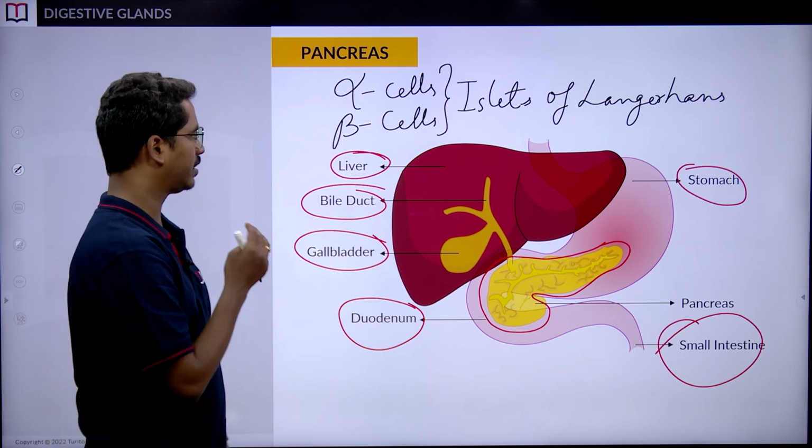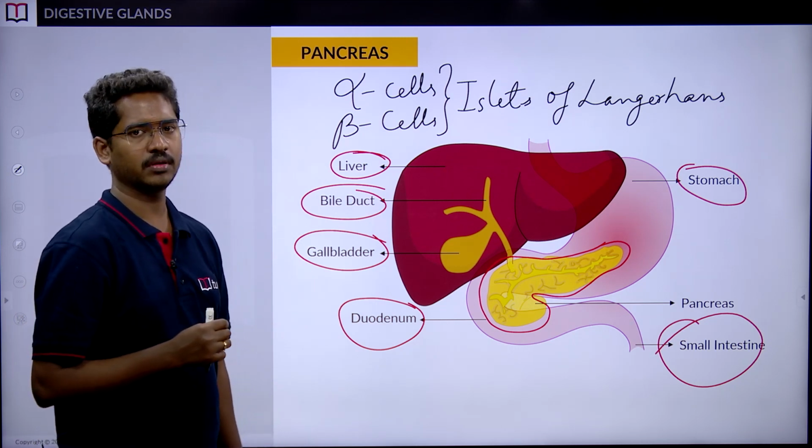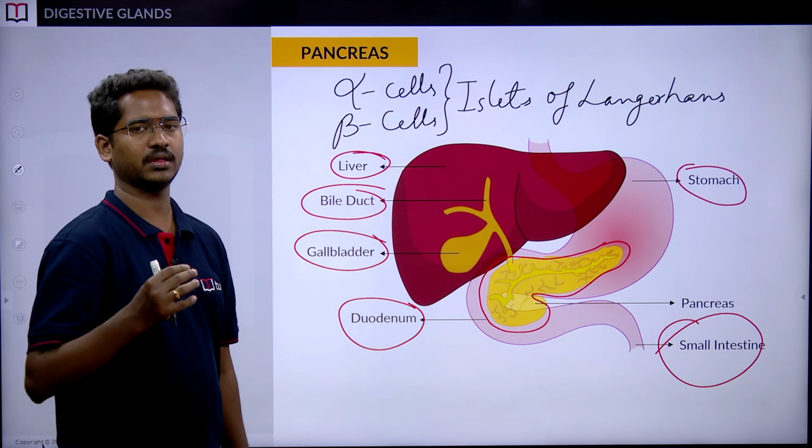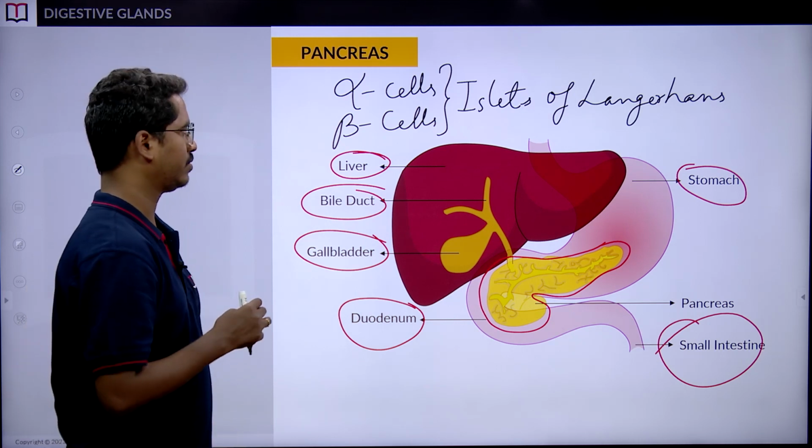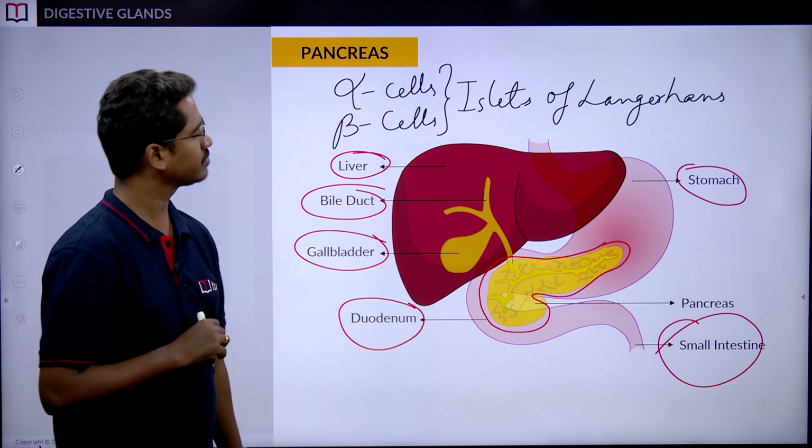Apart from these alpha and beta cells, there are also delta cells and other types of cells, which are not of our concern as of now.